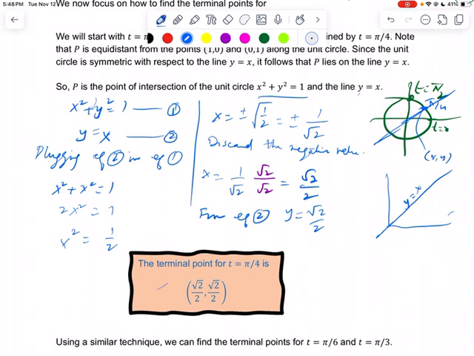Now you will not be asked to figure this out every time. You should know that. You should memorize it. You should know that the terminal point for t is equal to pi over 4 is (square root of 2 over 2, square root of 2 over 2).